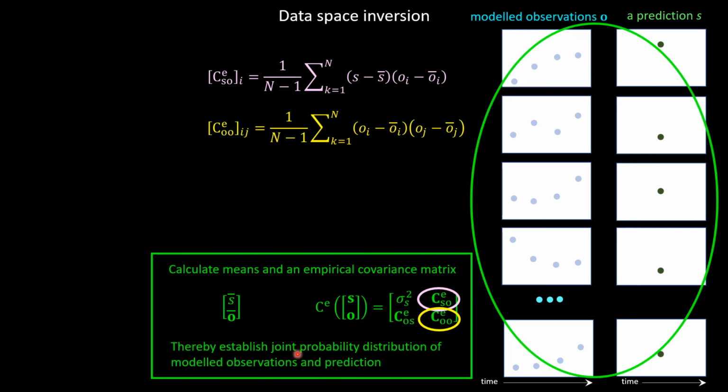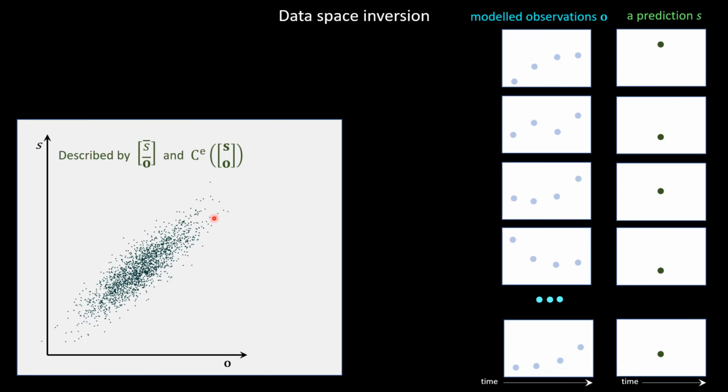So construction of the mean vector and of this covariance matrix is easy. Once I've done that, I've taken my empirical statistical linkages between the past and the future and described them by something that has statistical currency, the mean values and the empirical covariance matrix.